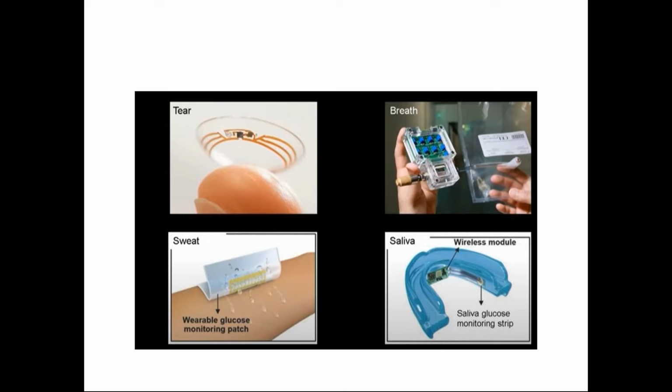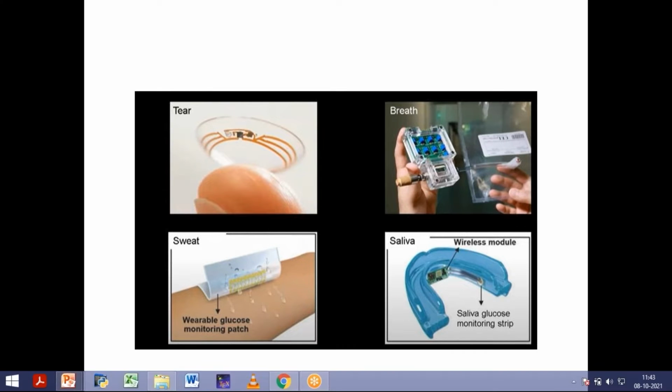we can also monitor glucose by having a wearable glucose monitoring patch. So is this a reality or is this a fiction? No, this is a reality. We now have those patches. Actually in sweat, there is a component which increases or decreases as per the value of glucose.